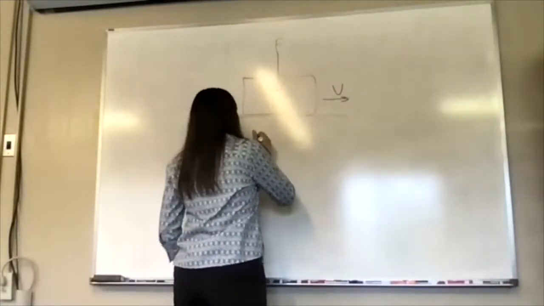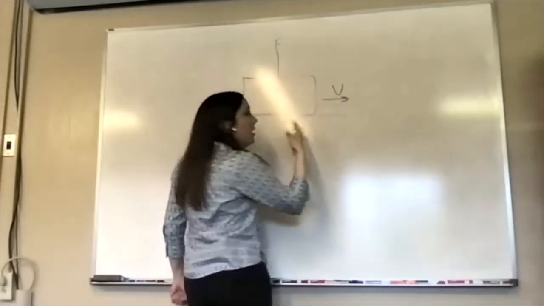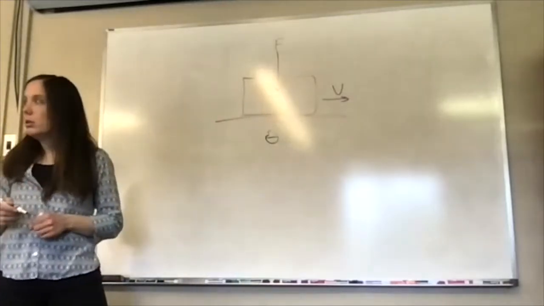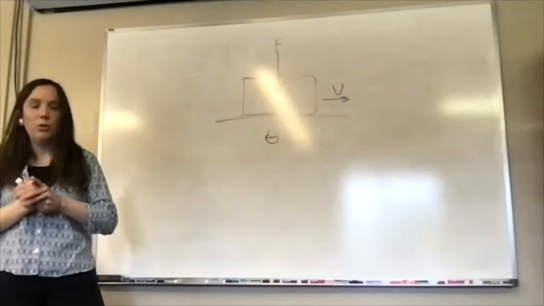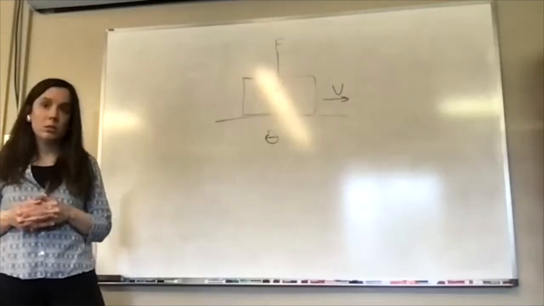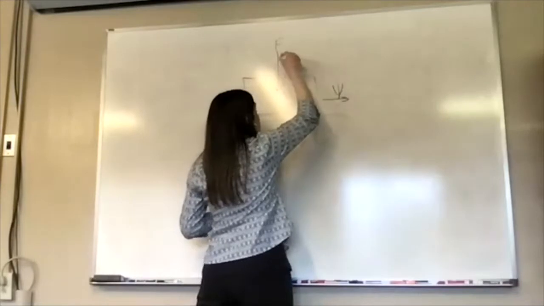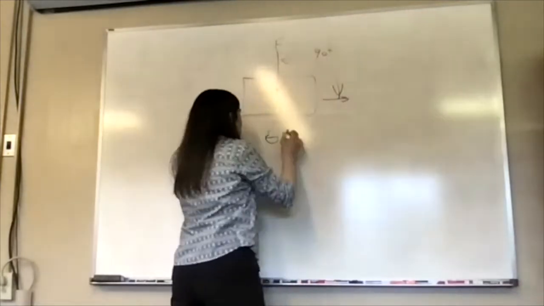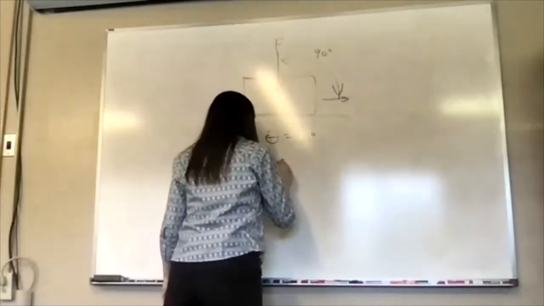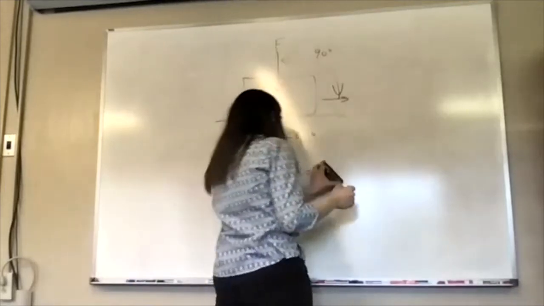Okay, so if you were to do this, what is the angle that you're applying the force in? What angle is your applied force? 90, that's right. Because you're going from the horizontal, so your angle is 90 degrees. Remember the equation for work? Work equals force times displacement times cosine of theta.